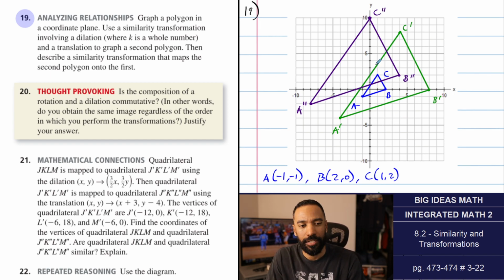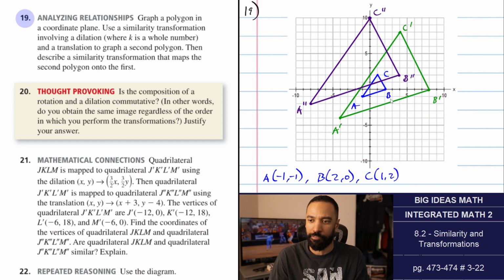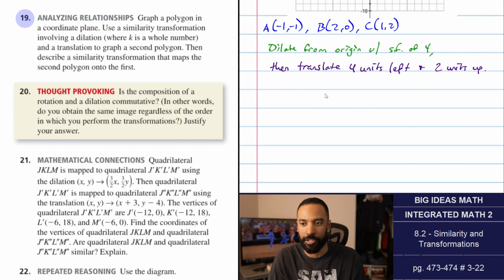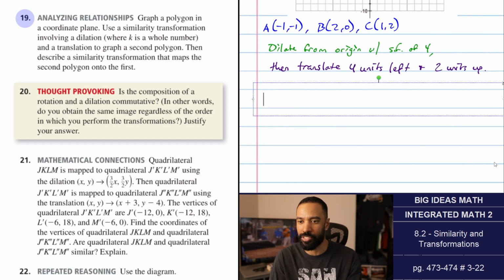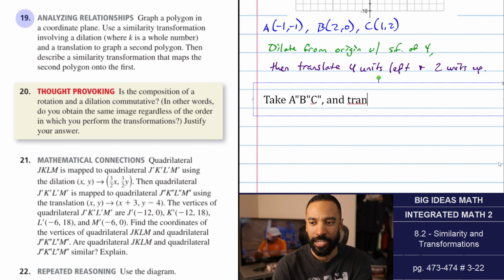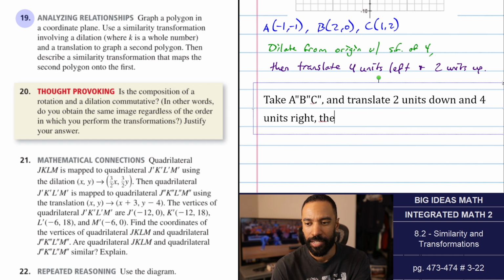Now they said, describe a similarity transformation that maps the second polygon onto the first. So now going backwards, we literally do everything backwards from here. So the answer is: take A double prime, B double prime, C double prime, that figure, and translate 2 units down. It doesn't matter if I say down or right first. And 4 units right to get back to that spot.